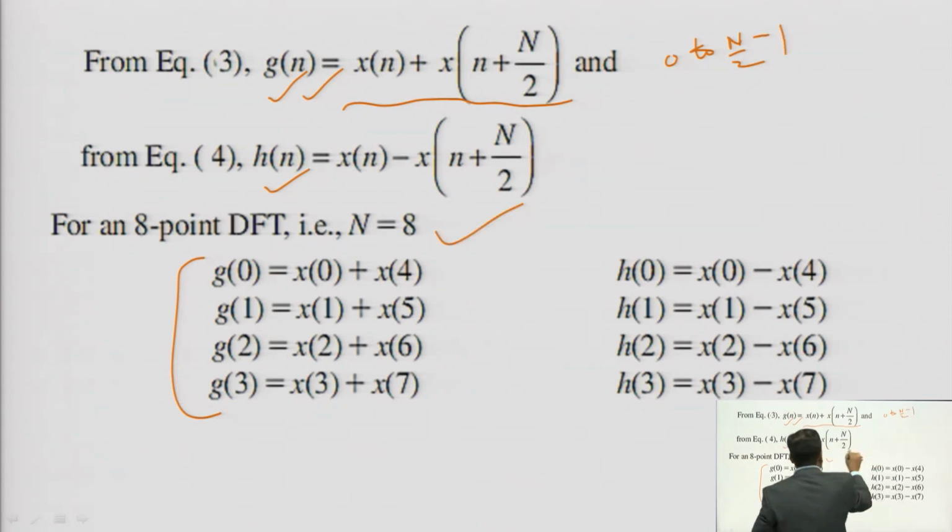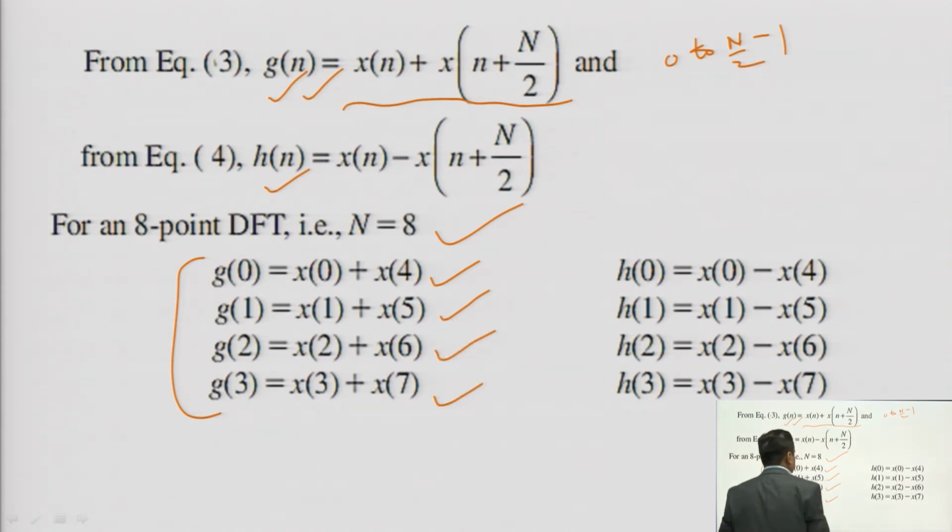Again you are taking capital N equal to 8 point sequence here. So, if you put small n equal to 0, it will be x 0 plus x 4; g 1 is equal to x 1 plus x 5, g 2 is equal to x 2 plus x 6, and g 3 is equal to x 3 plus x 7.